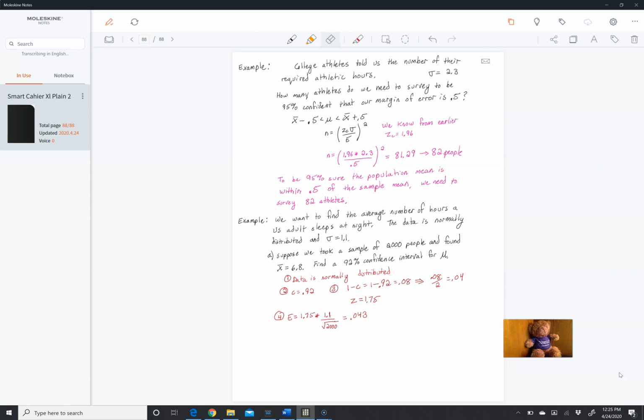So now our last thing is to do our x bar plus our margin of error and our x bar minus our margin of error. So we're doing 6.8 minus 0.043 and 6.8 plus 0.043.